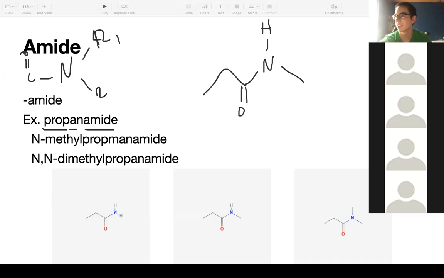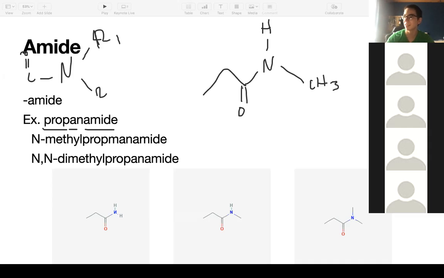So this is N-methylpropanamide. Instead of using a number system, we're just indicating that there's a methyl group attached to our N. And if this was a propyl, we would say N-propylpropanamide, using the same nomenclature we've been using up until this point.